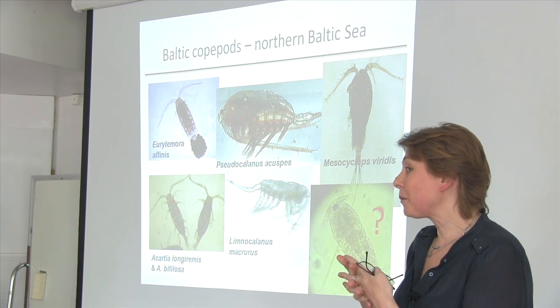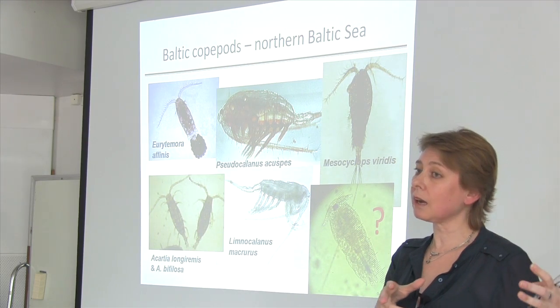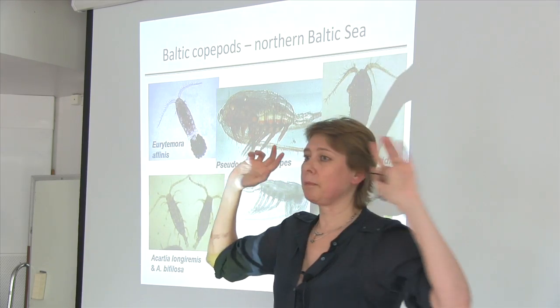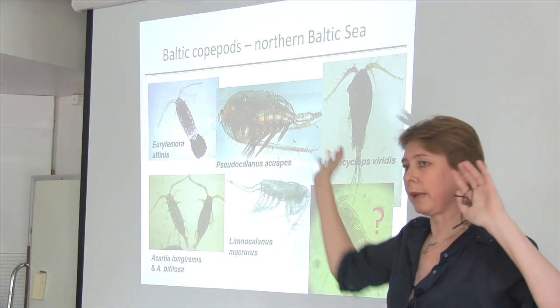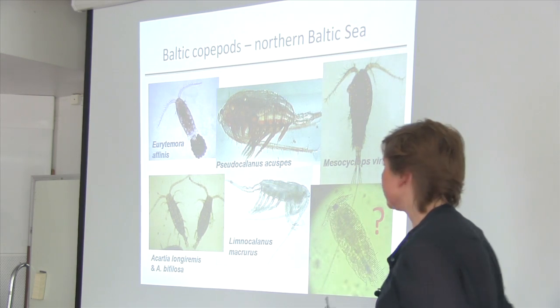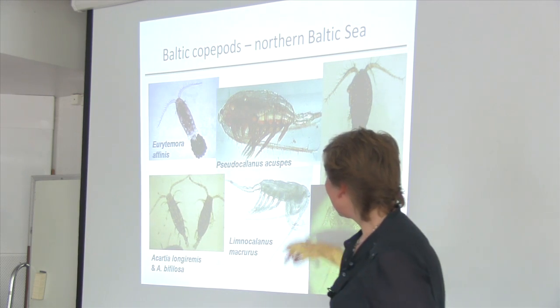Which means that the species which has been referred to as Pseudocalanus elongatus, compared to Pseudocalanus elongatus in the North Atlantic, in the Pacific, you name it, has been all the time a totally different species. I think it's a very fascinating story, actually.